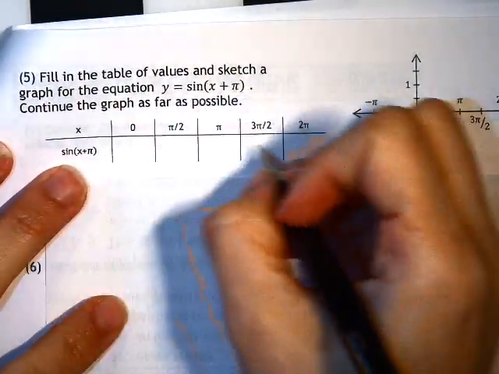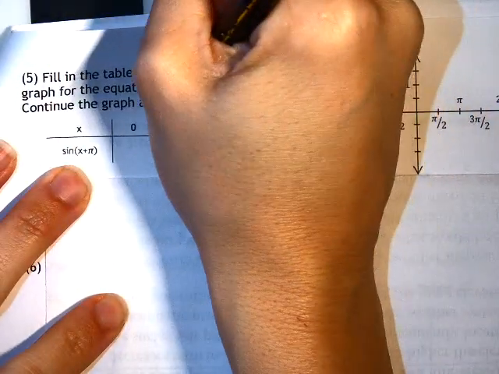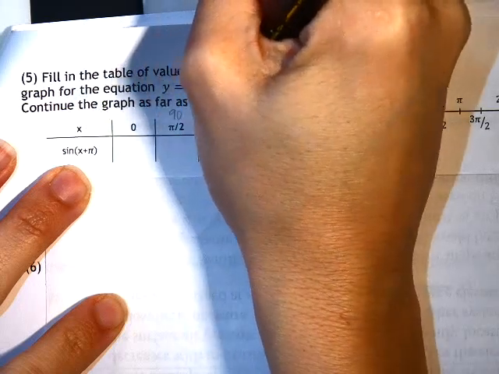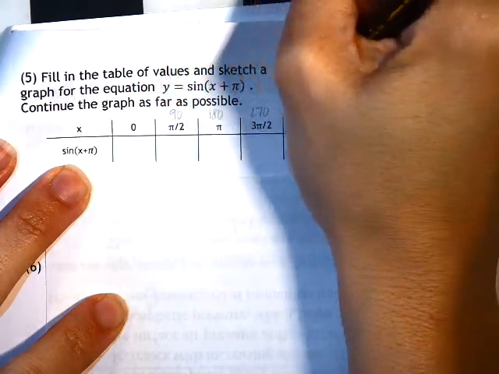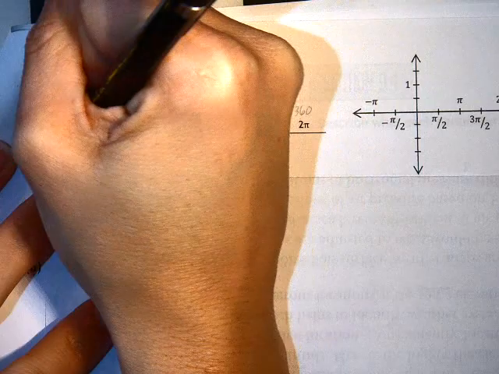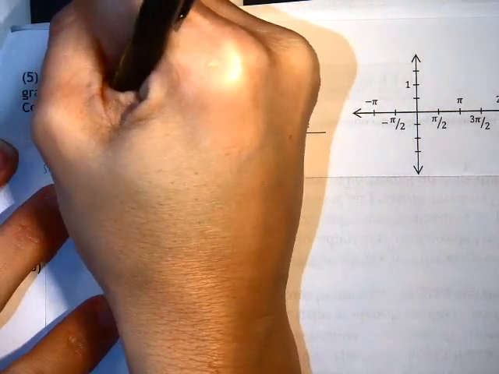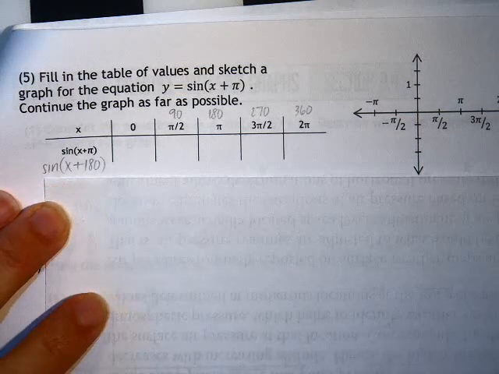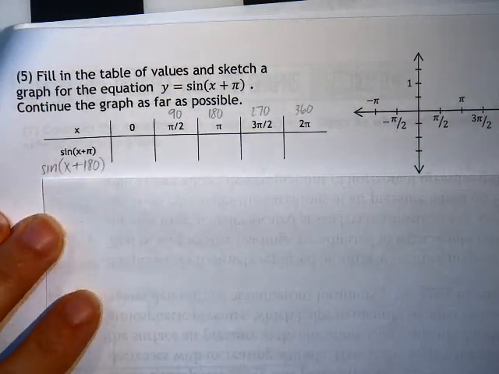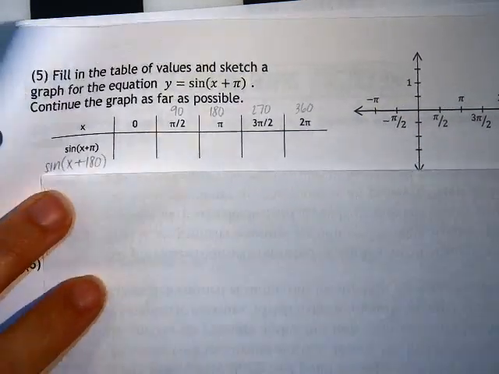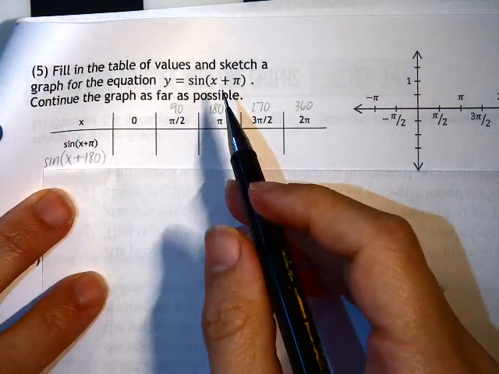Now again, if the pi's are confusing, especially if you're just not a fraction person by nature, you can quickly convert the whole problem to degrees. And that means the original equation would be x plus 180 degrees instead of pi, and that might be easier to deal with. So let's see if we can do this kind of quickly and see if making a hypothesis for this makes sense.